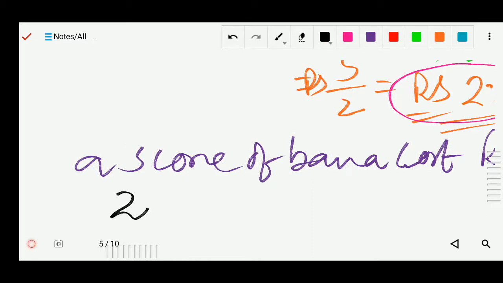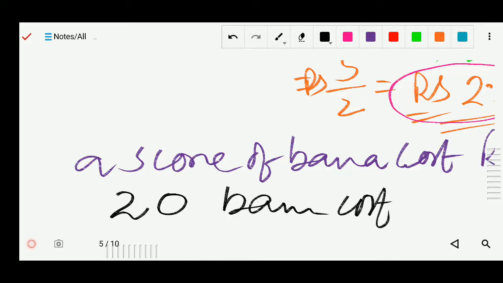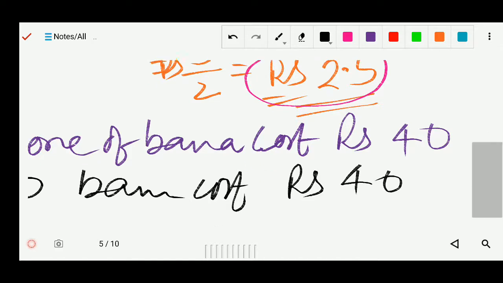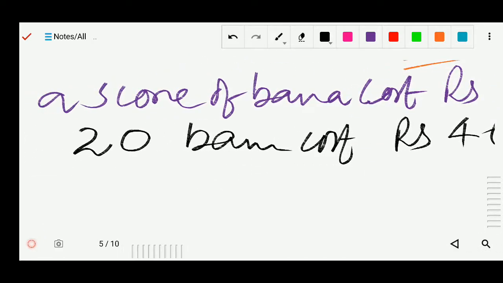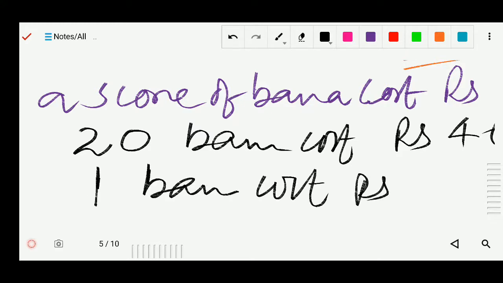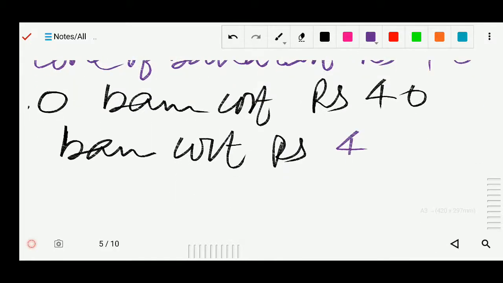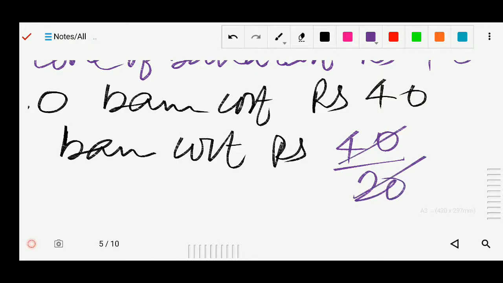The value of one score is 20. So 20 bananas cost the same, because one score equals 20. Now we will find the cost of one. So you can divide this 40 by 20, so it is 2.